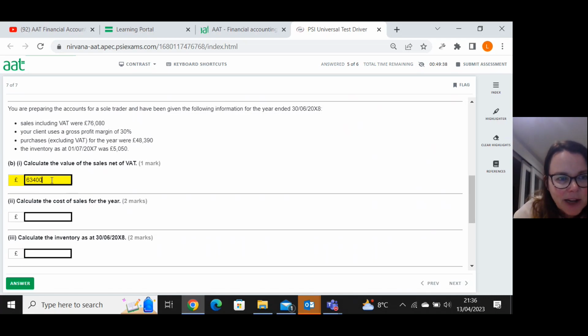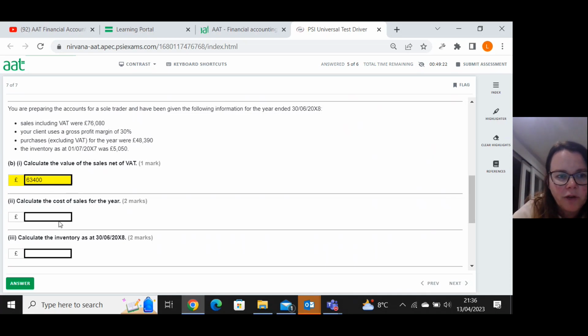So that net sales figure represents, as we said, because it's a margin, 100%. So if I divide that by 100, I've got 634, which represents 1%.